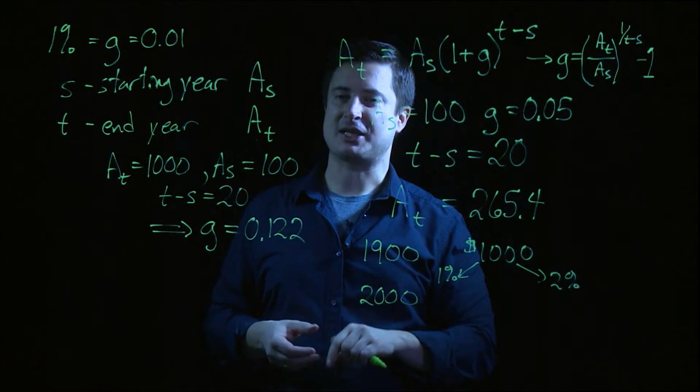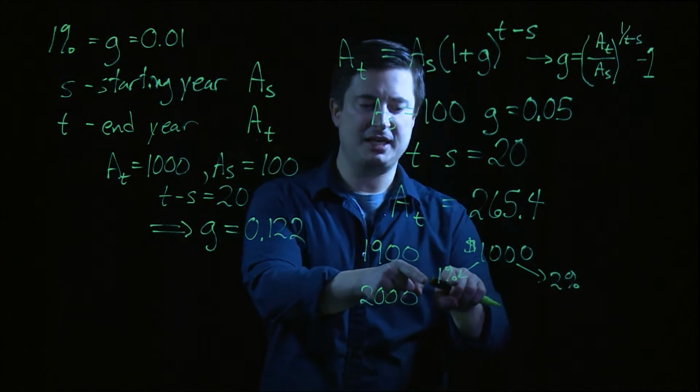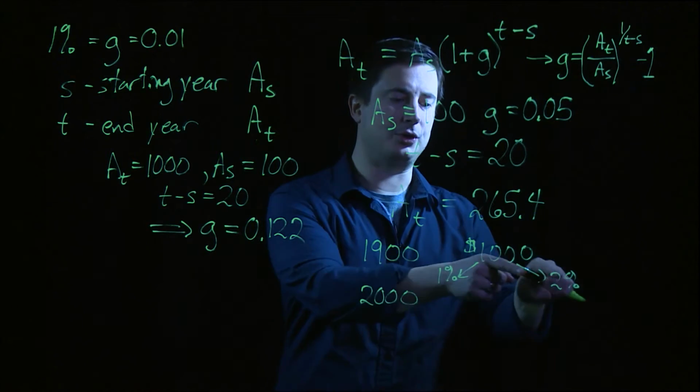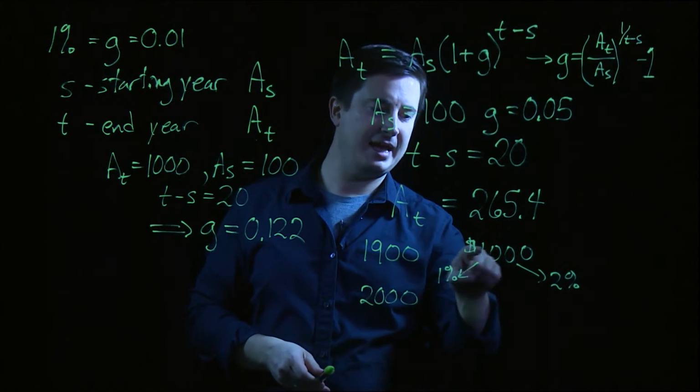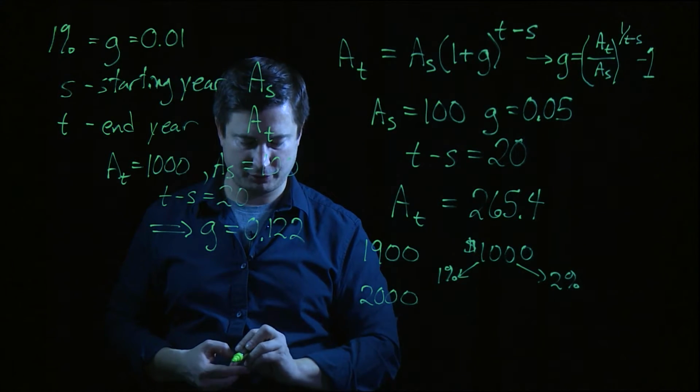So that's 100 years, so the T minus S part is 100. The G is either 0.01 or 0.02, and the A sub S is 1,000.